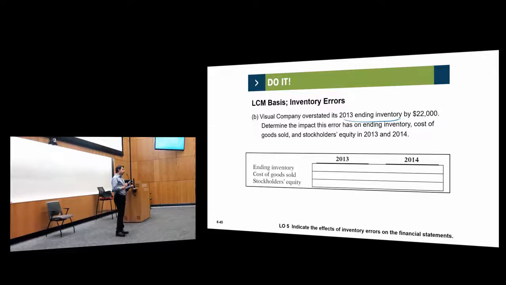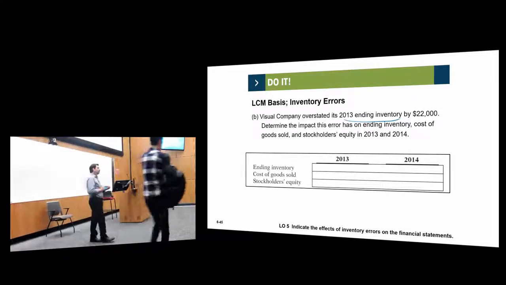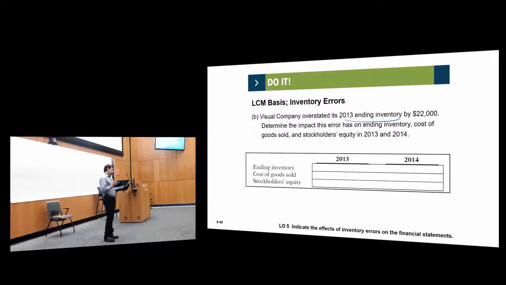What's the impact or effect of this error on the ending inventory, cost of goods sold, as well as stockholders' equity in both 2013 and 2014? So in 2013, ending inventory will be overstated. 2014, ending inventory will be, it has exactly, so it has no effect. You said it correct, differently but correct.